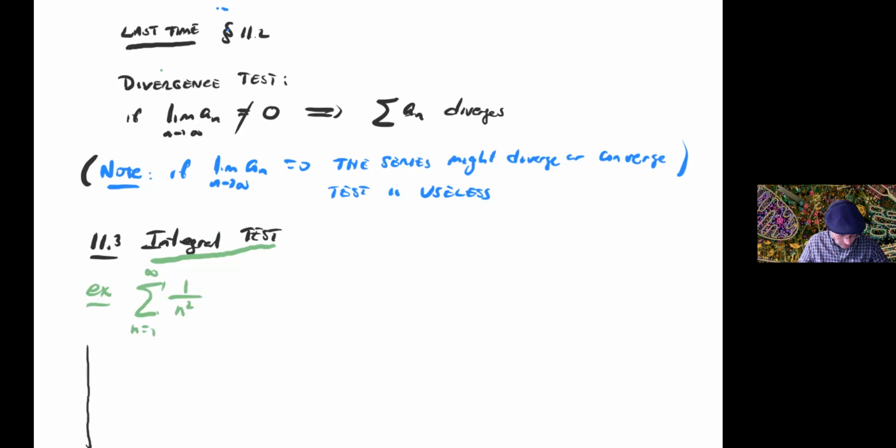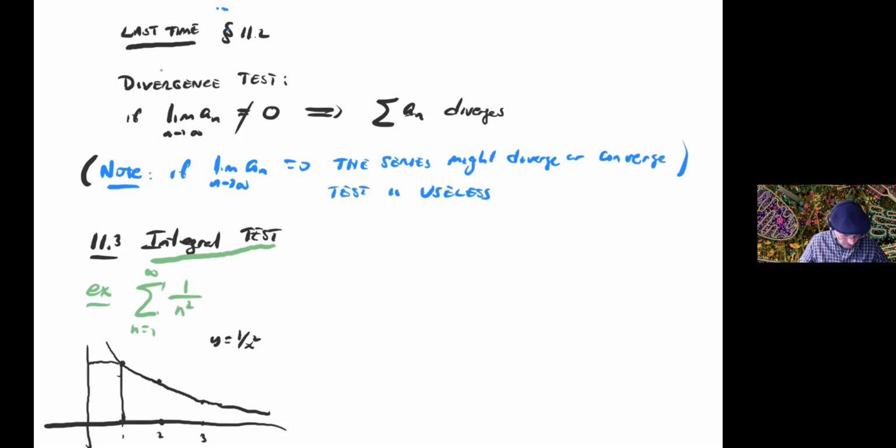So let's consider the graph of the function y equals 1 over x squared. It looks like this. It's a curve. Now, if we plot the integer points on that curve, 1, 2, 3, we get these points here. And the sum of the series is given by the areas of these rectangles I'm drawing in.